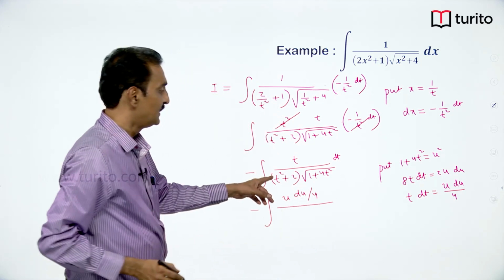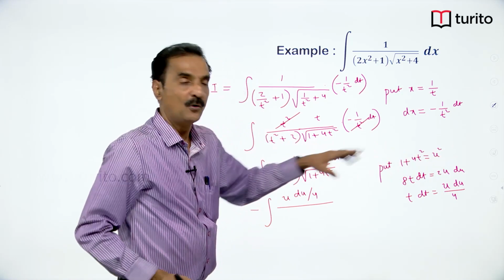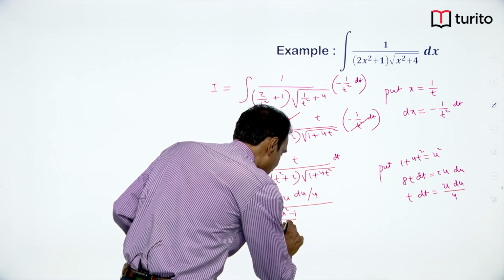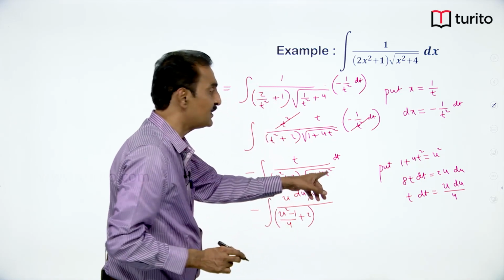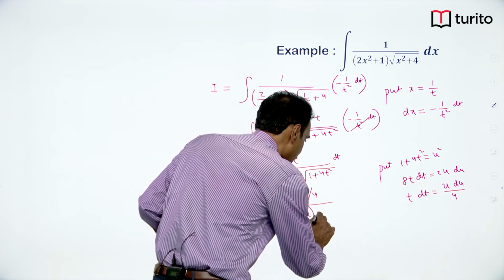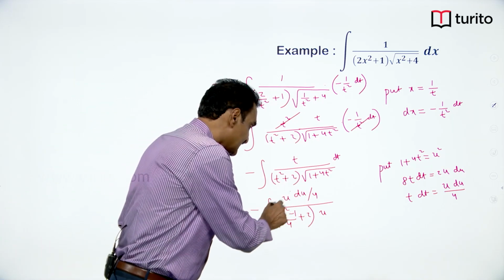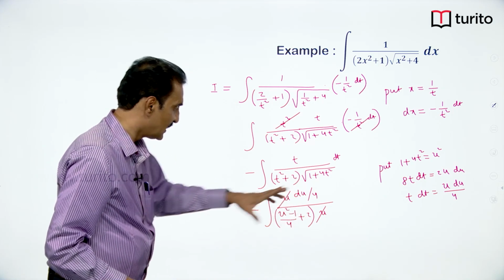By what is t square? u square minus 1 by 4, plus 2 into root over u square is u. What happens now? u cancels. Now, you can cancel 4 also.